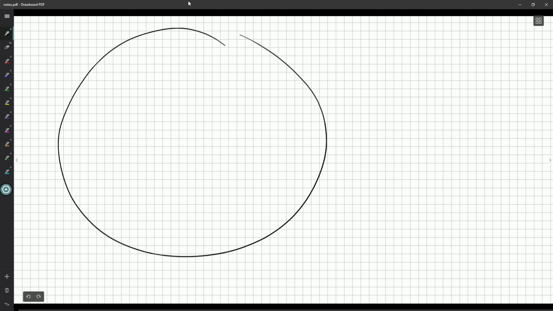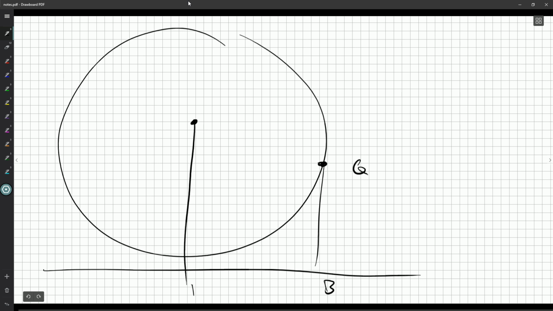So we'll draw our picture one more time. Q here, I think it was B. O here, D here, C here. This is 1. The whole thing is 10.